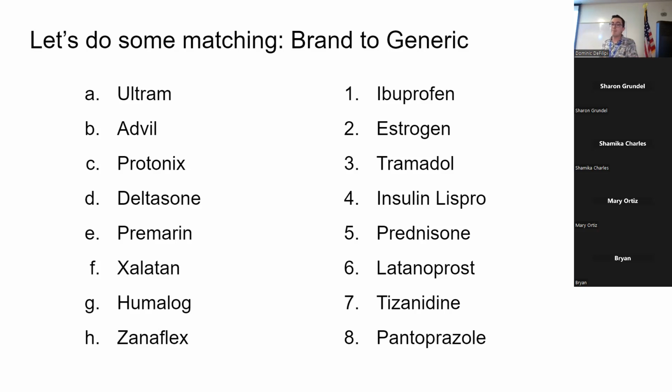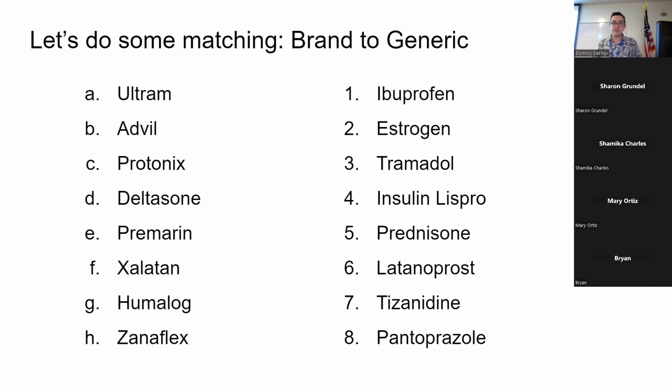So I remember it's the rapid acting insulin because insulin Lispro is rapid Lispro, right? It's little things like that get you through pharmacy school or pharm tech school. So yeah, Humalog is insulin Lispro, and it is the rapid acting insulin.